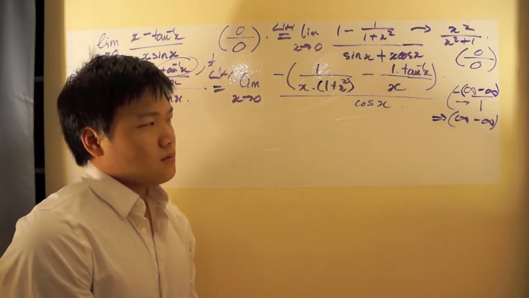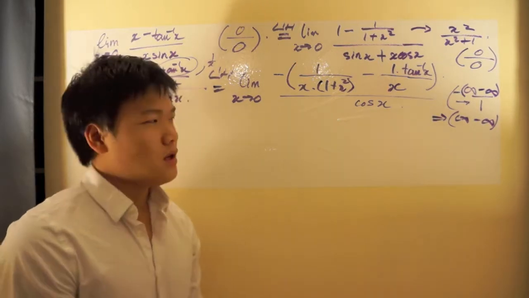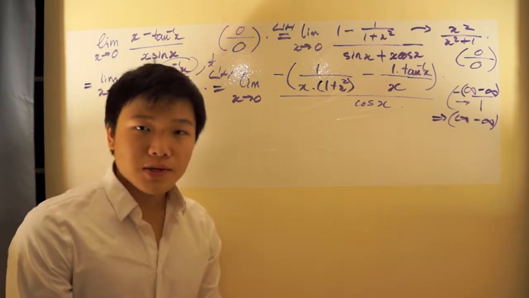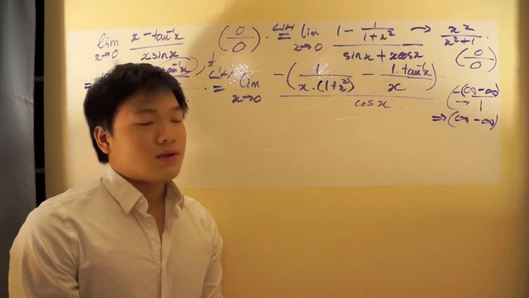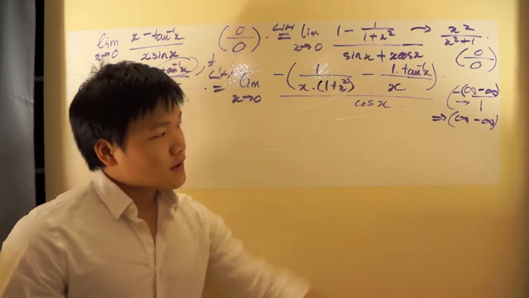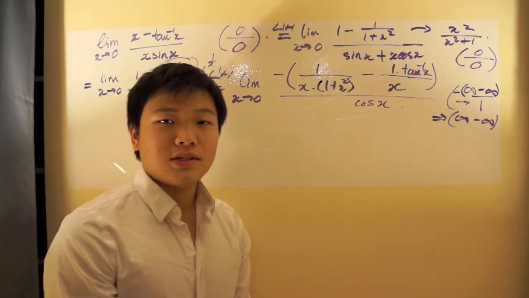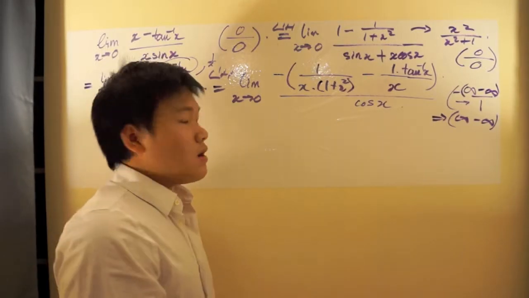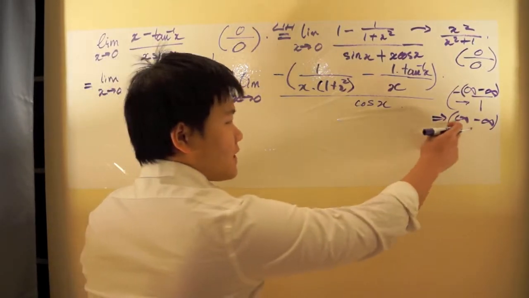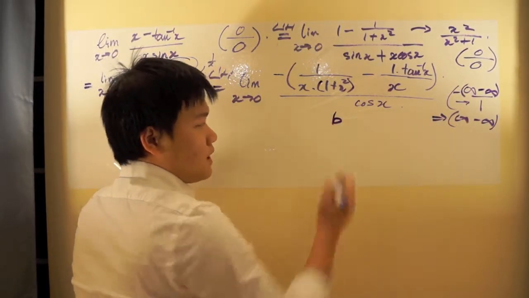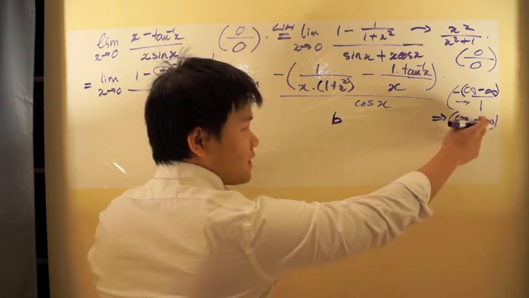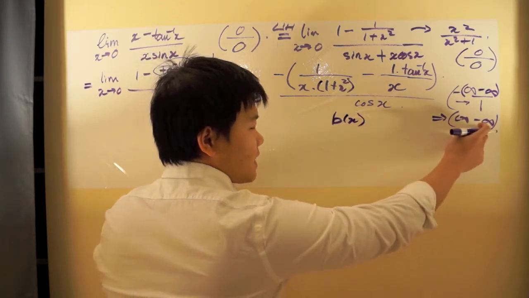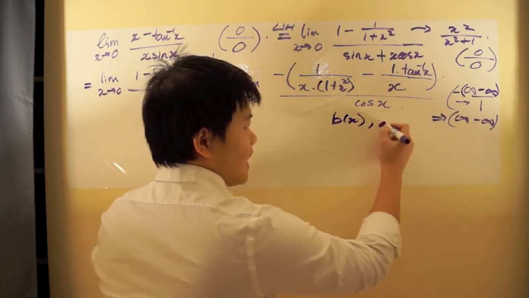There's not a lot of common methods to do it. But it turns out that you can compare its ratio in order to determine whether this difference right here converges or diverges. With that being said, in a general case, we can represent this entity as some b of x, and this entity as a of x.